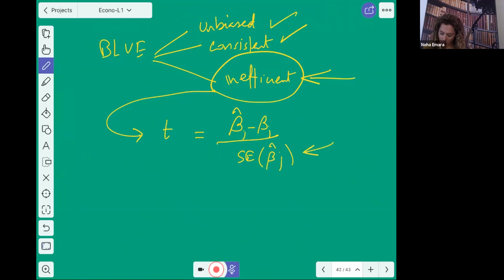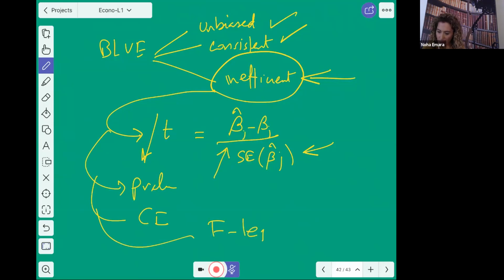And if this is high, right, high variance, low t. So if the t-statistic is affected, the p-value is affected, the confidence interval is affected, the F-test is affected. They are all going to be affected. You will end up with wrong tests and misleading results.